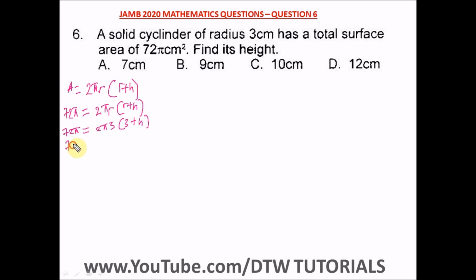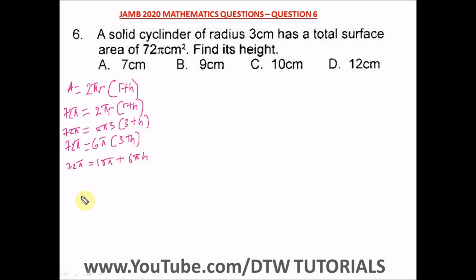We have 72 pi equals 2 times 3, so this is 6 pi (3 plus h). So we have to open this bracket. So we have 72 pi equals 6 pi times 3 gives us 18 pi plus 6 pi h, so we have 6 pi h.